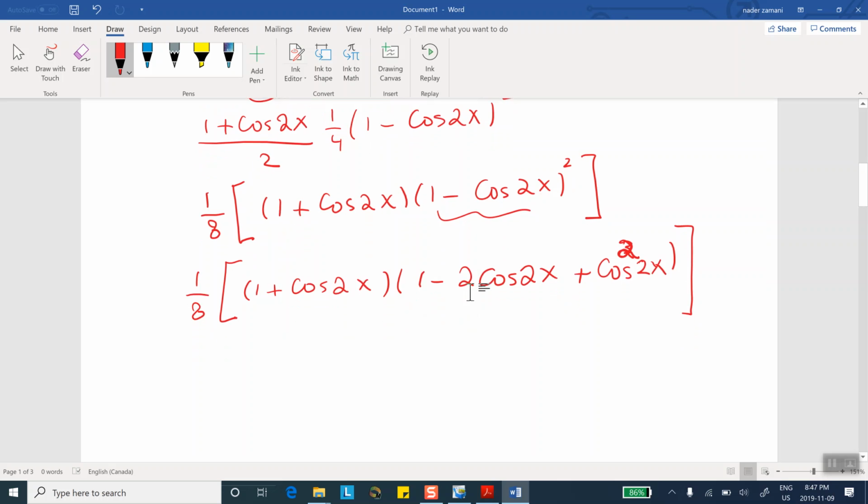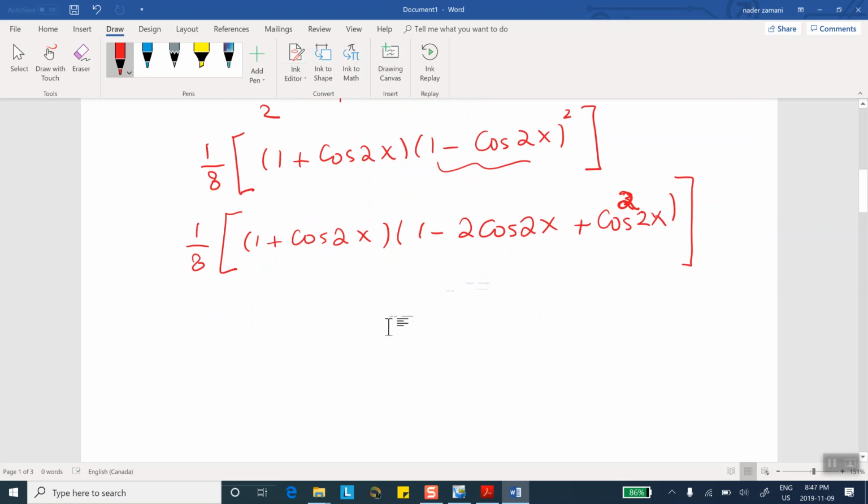Okay, let's proceed. 1 over 8. You FOIL this thing, 1 minus 2 cosine of 2x plus cosine squared 2x.